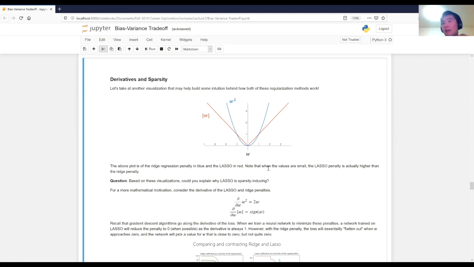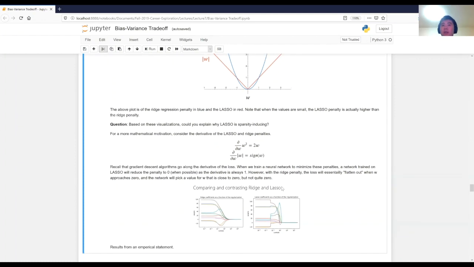From a high level, ridge will reduce the weight from very high values down to the domain between 1 and -1, but after that, it'll really struggle to push down the value of a weight to 0.